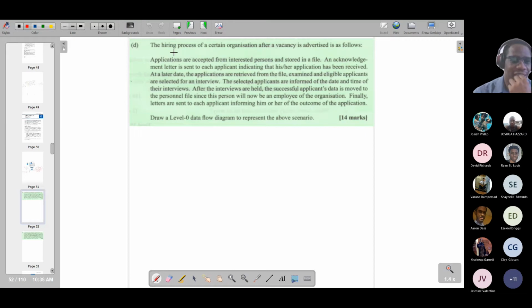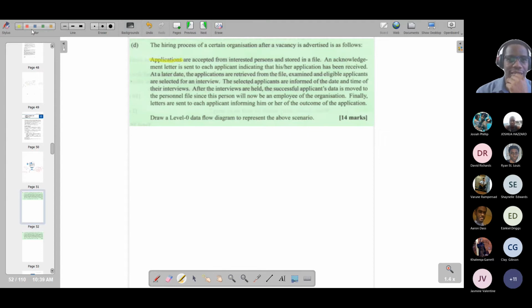Or who are our external entities, maybe I should say. The people who are interested. Right. So the applicant is an external entity, yes? Okay. So what does this applicant send?